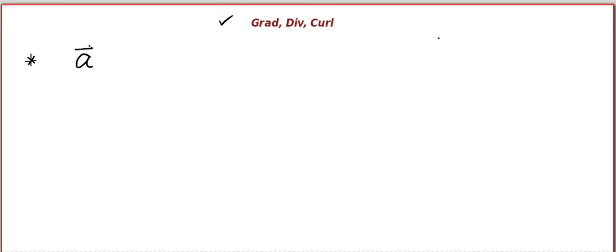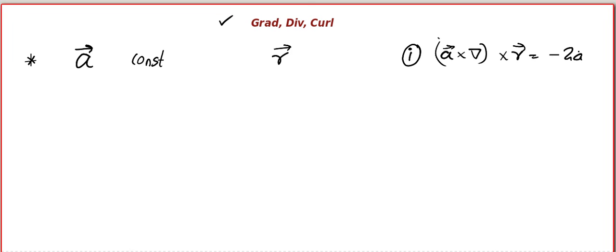So let A be a constant vector. You can note down the question. A is a constant vector and R is the position vector of a random point in 3 dimensions. Then they are asking to prove, in the first part, that A cross del cross R is equal to minus 2A.